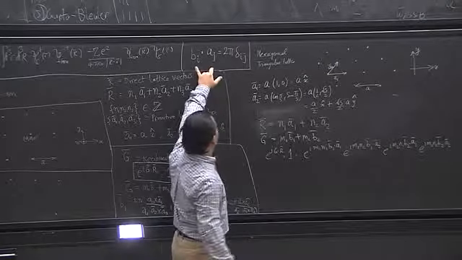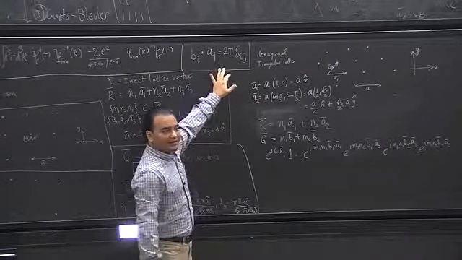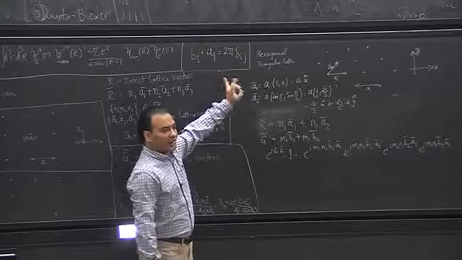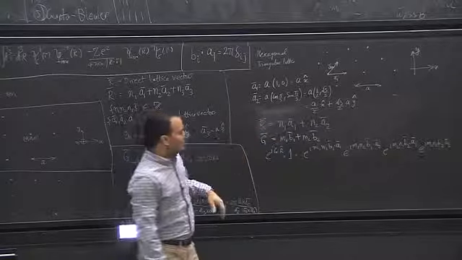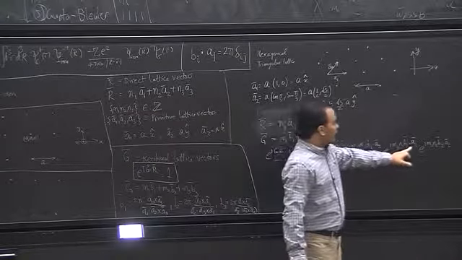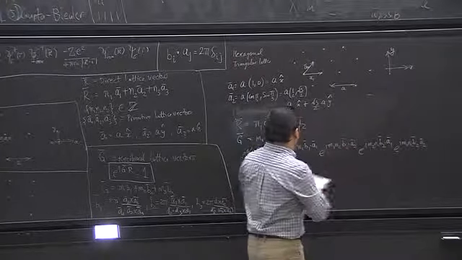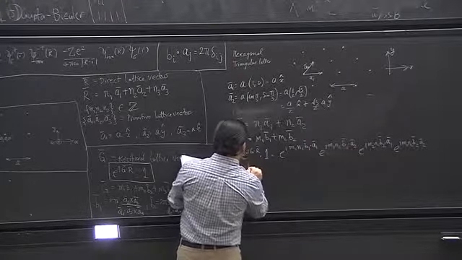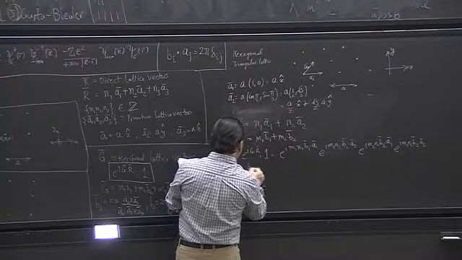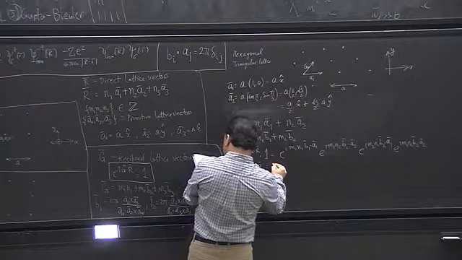Again, we'll use that the reciprocal lattice vectors and direct lattice vectors have some orthogonality between them. So B2 is orthogonal to A1 and so on. So if B2 is orthogonal to A1, this will drop out. B1 is orthogonal to A2, this will drop out. That simply means B2 dot A1 should be 0.